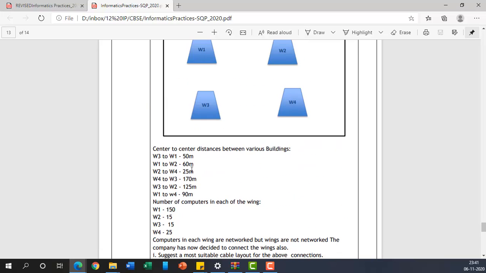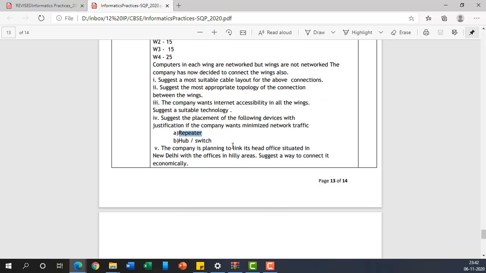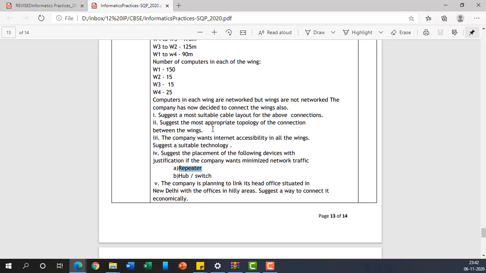So between W3 and W2, if we join these two buildings, then in between we need a repeater. And if we connect W1 and W4, then we need a repeater in between. Otherwise we do not need a repeater.